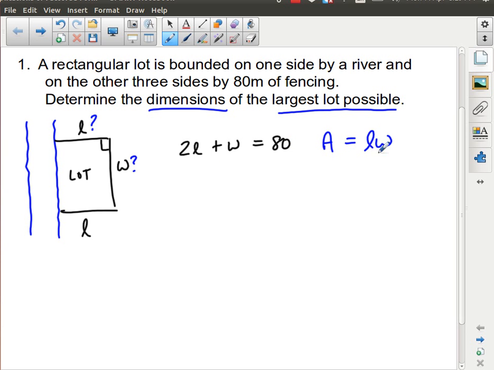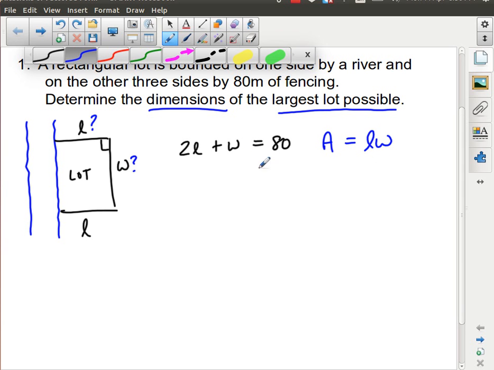But it turns out that with a little bit of thinking, this length times width actually is quadratic, because this is an order 1 term and this is an order 1 term, and if you add the orders together, that's order 2. So this is actually quadratic. But what we'd like is to put this into a form that is a quadratic of only one variable, which is all we've learned to work with so far.